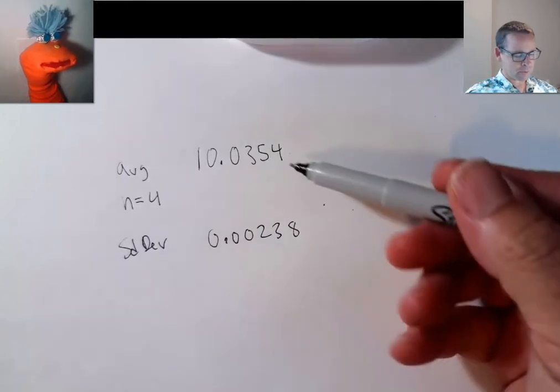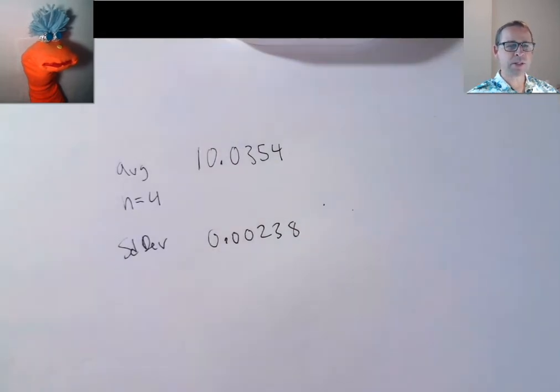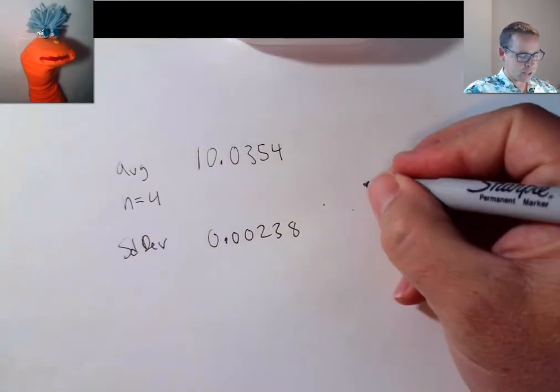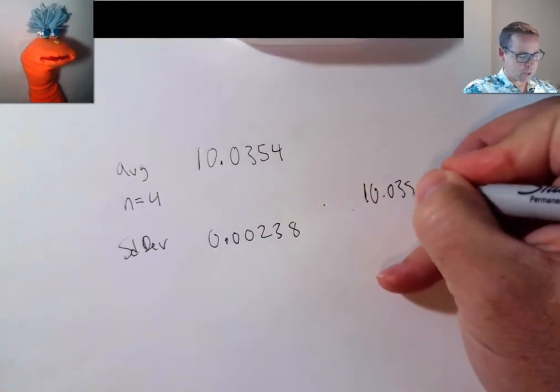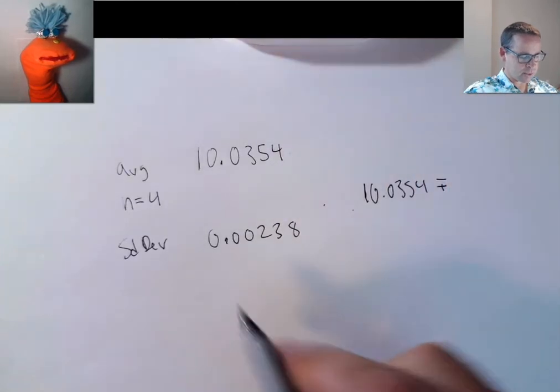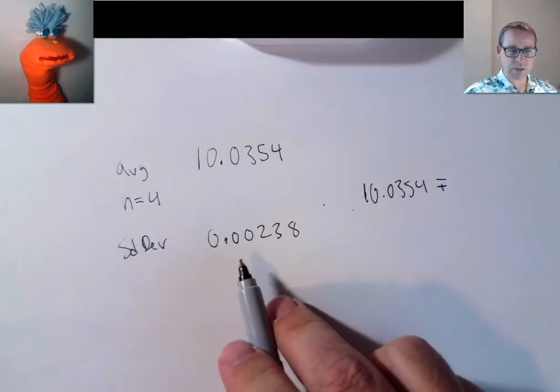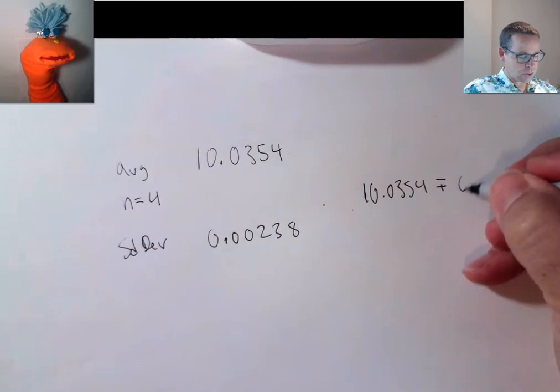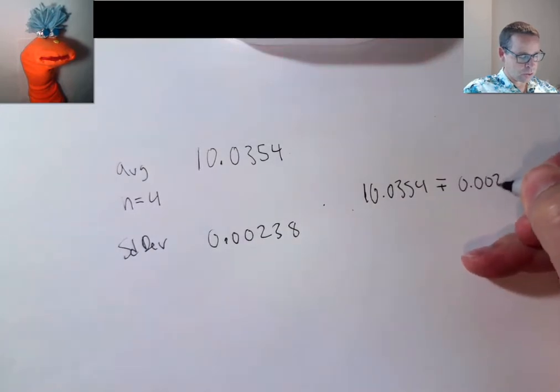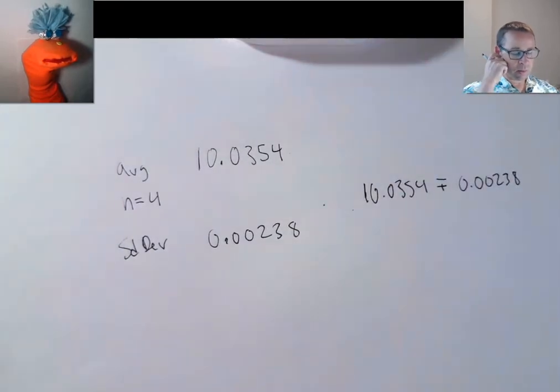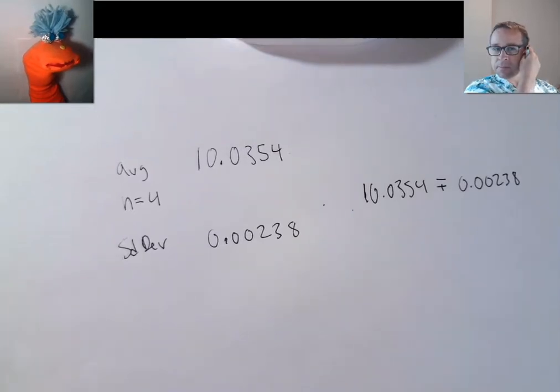How can I report these values now? Is it appropriate to write 10.0354 plus or minus, and that's what the standard deviation is, it's a range, 0.00238? Is that a way that I can report this data?